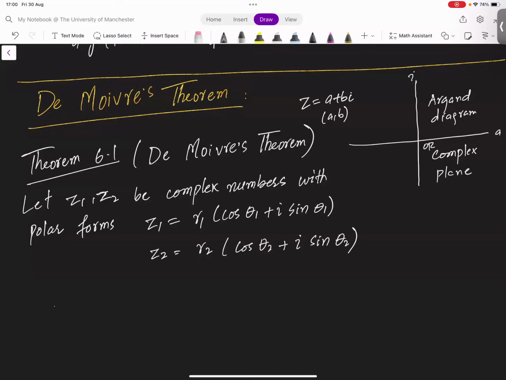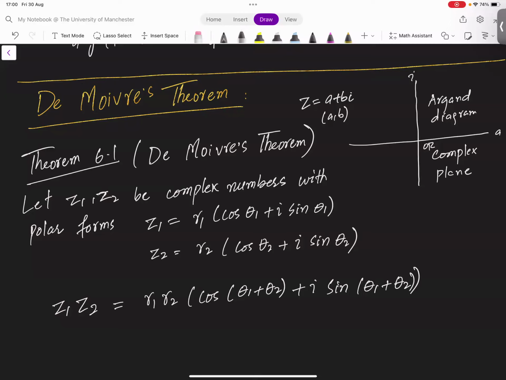Then the product z1 into z2 is nothing but r1 r2 cos of theta 1 plus theta 2 plus iota sine of theta 1 plus theta 2.